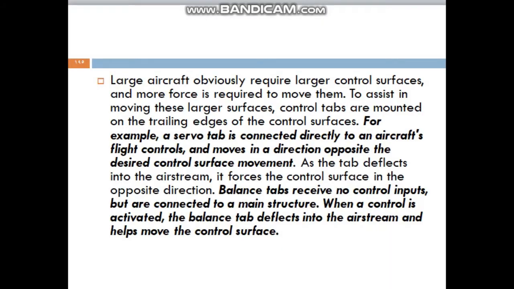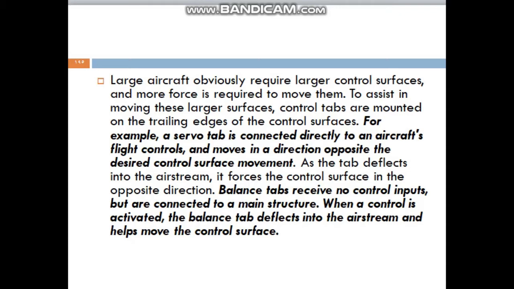Large aircraft obviously require larger control surfaces and more force is required to move them. To assist in moving these large surfaces, control tabs are mounted on the trailing edge of the control surfaces. For example, a servo tab, and this is a type of tab.